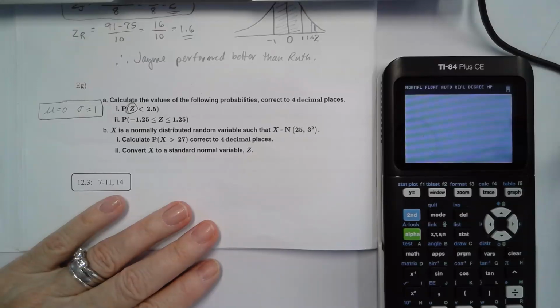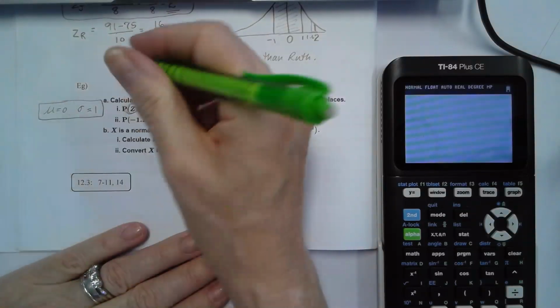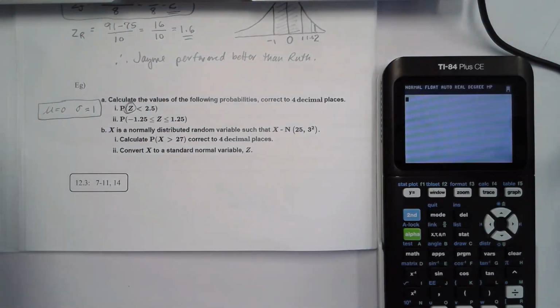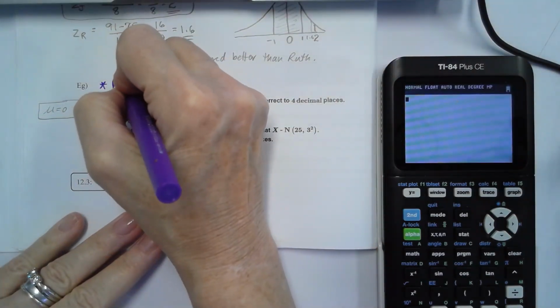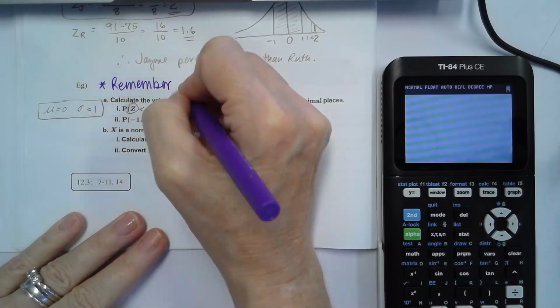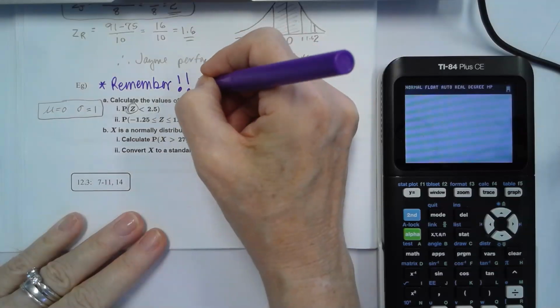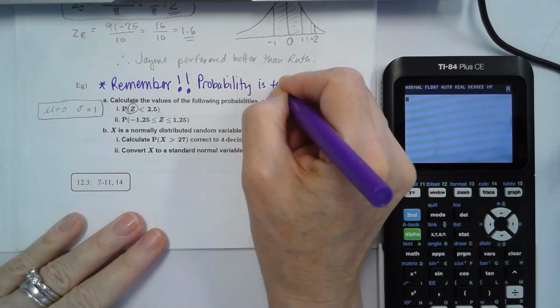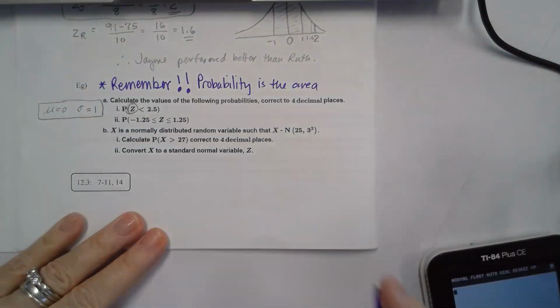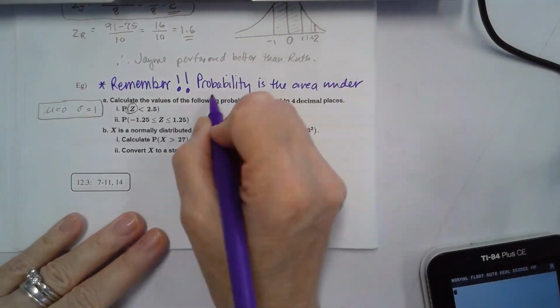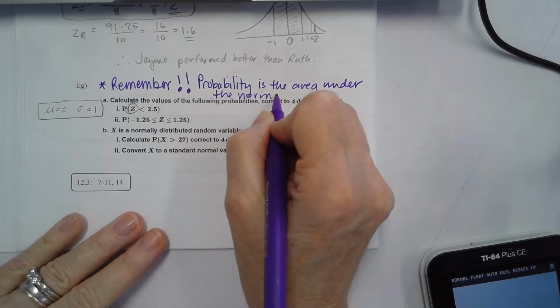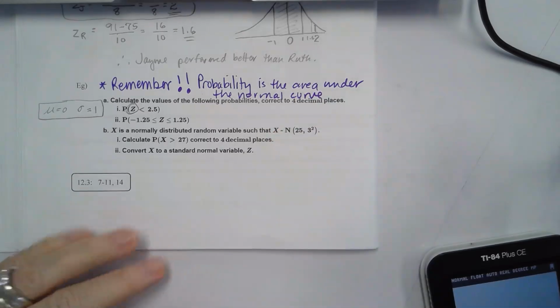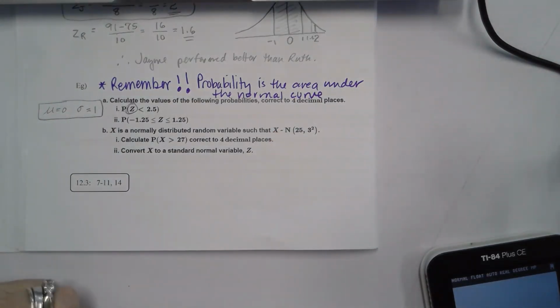Okay, it's a z-score. So I want to remember here too, let's write this in really big colors. Remember, probability is the area under the curve. 68% of people, and so on, right?